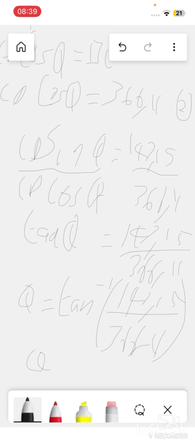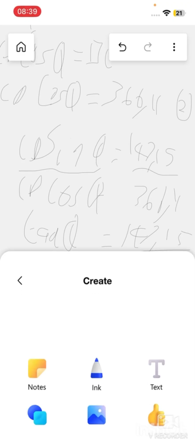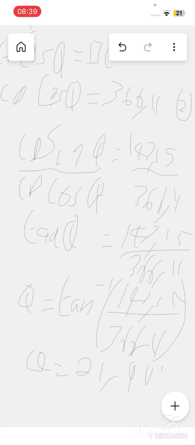Let's punch it on the calculator. Tan inverse 147.15 over 366.11. We get our theta as 21.90 degrees. We are not done.